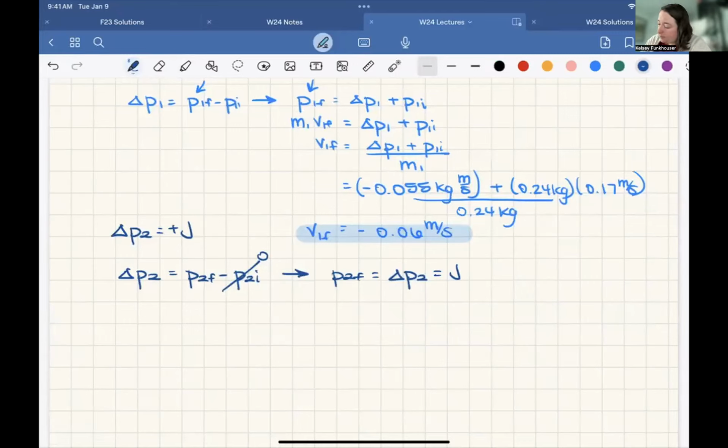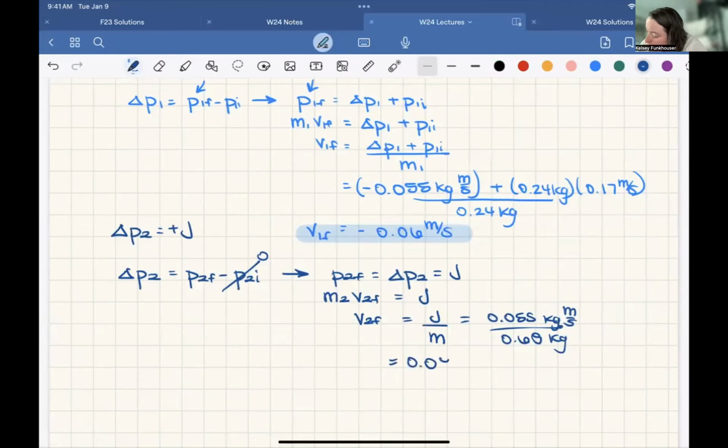We need to solve for velocity though, so we plug that in. I'm going to list this as the impulse, and we just divide by the mass on both sides. So we get the impulse divided by the mass, and the impulse is 0.055 kilogram meters per second divided by the mass, which is different for this one, 0.68 kilograms. And we get a final velocity of 0.08 meters per second. So that is the final velocity of the second cart.